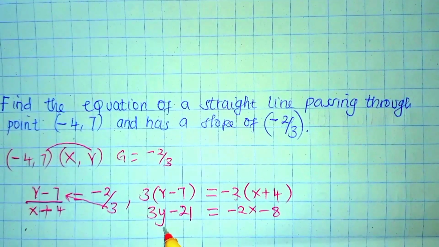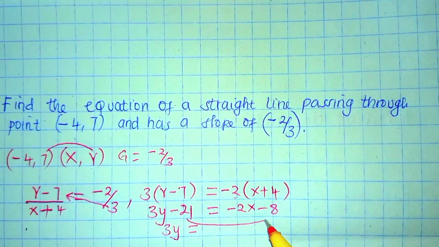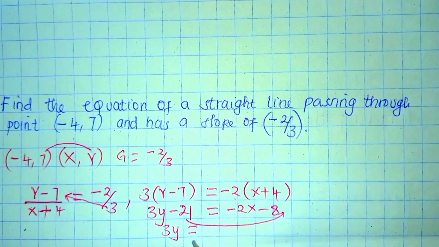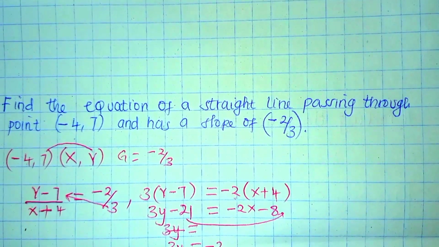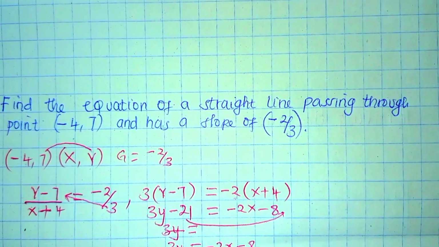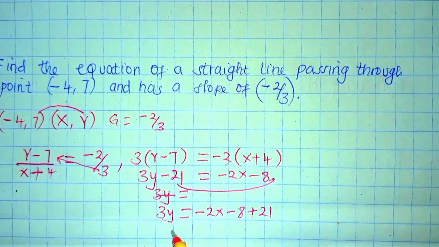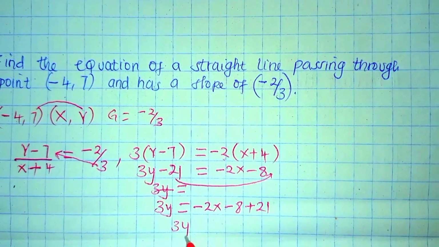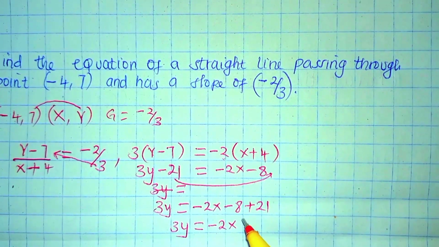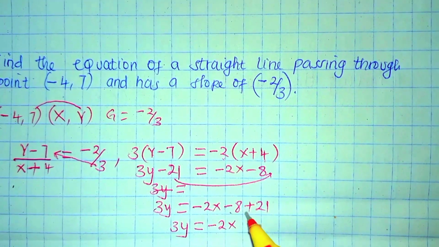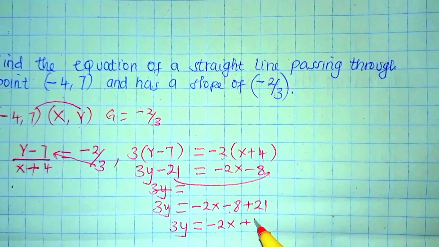Taking the 21 to this side, 3y is equal to negative 2x minus 8 plus 21. So 3y is equal to negative 2x plus 13.